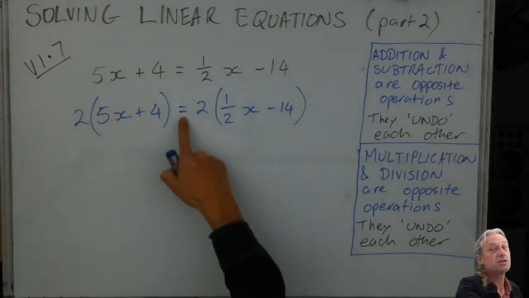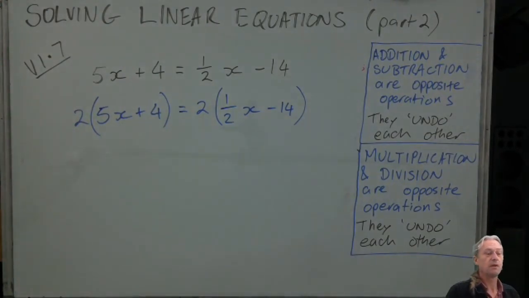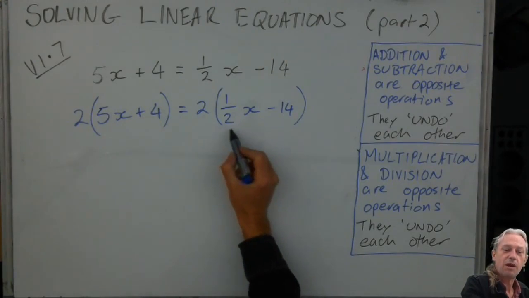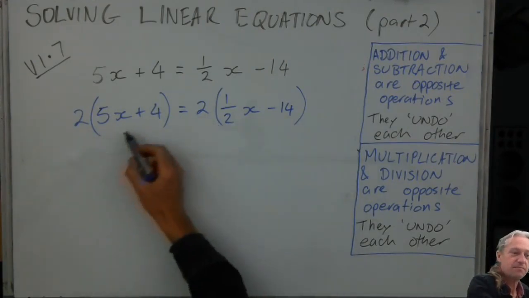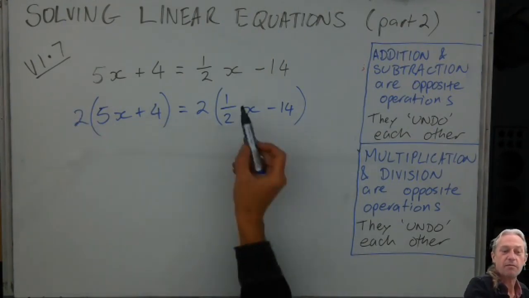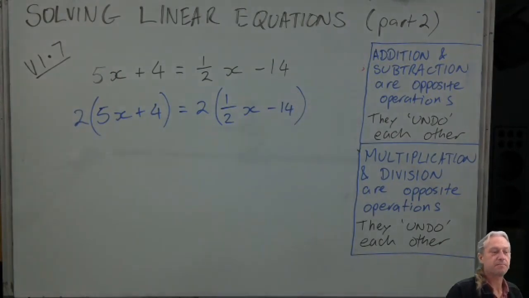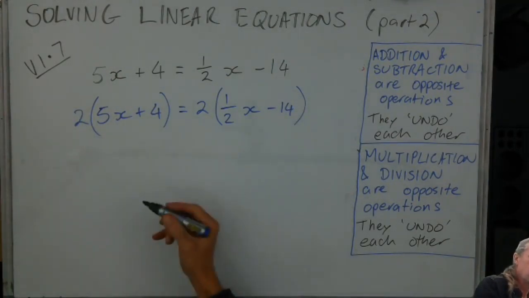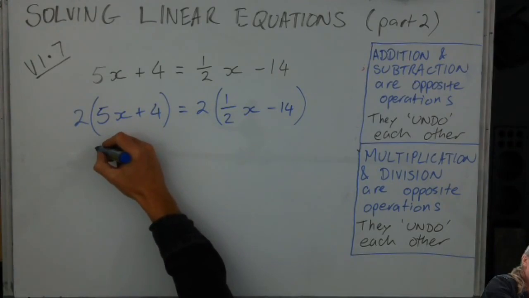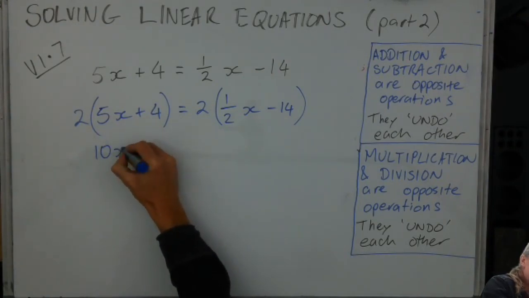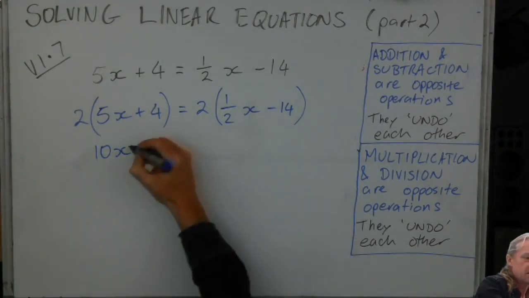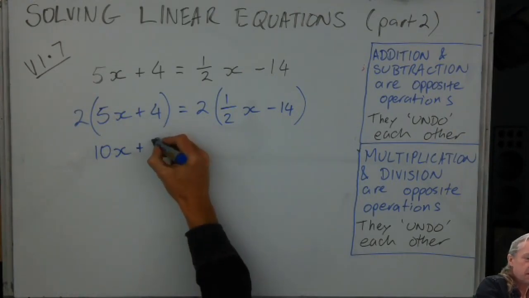So the equals is still true. And don't forget, when we expand these brackets out, we need to multiply the 2 by both terms. Over here, we've got 2 times 5 is 10x, plus 2 times 4 is 8.